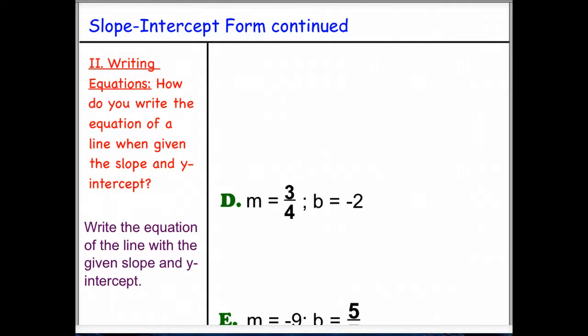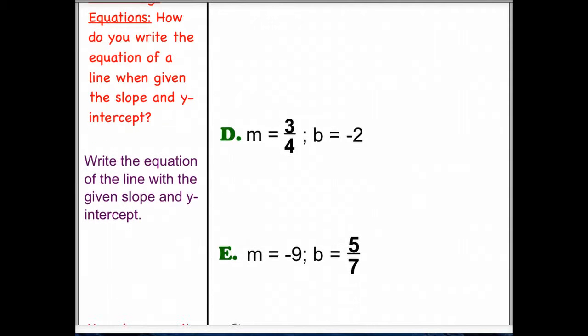So now we want to work in reverse. We just looked at y equals mx plus b, and what we did was we were given this line, and we had to pick apart which is the slope and which is the y-intercept. Now we're going to do the opposite.